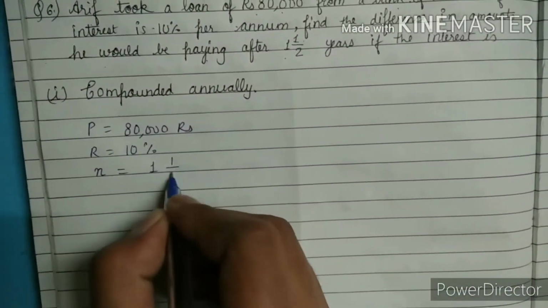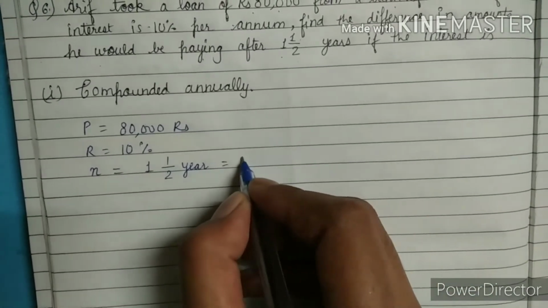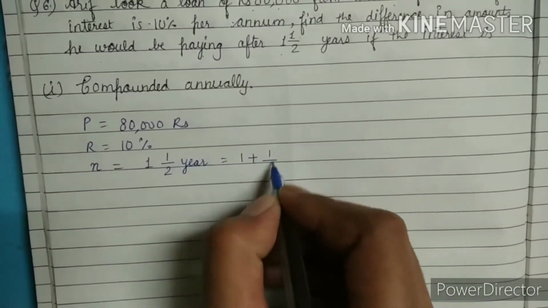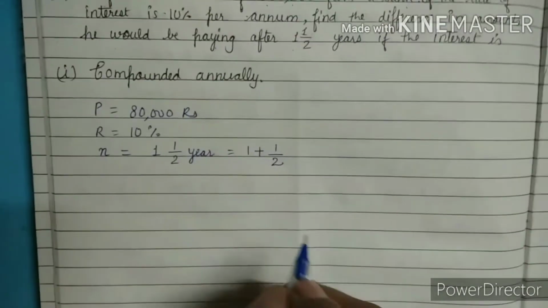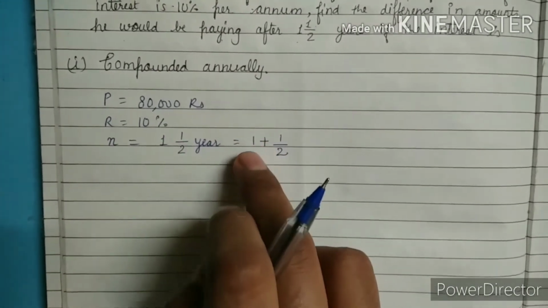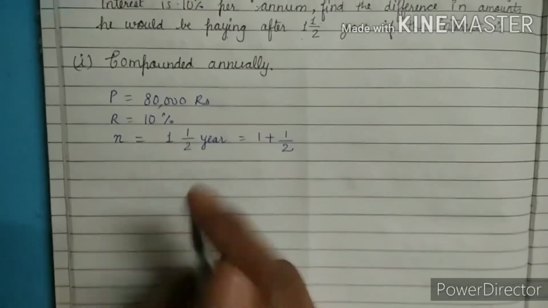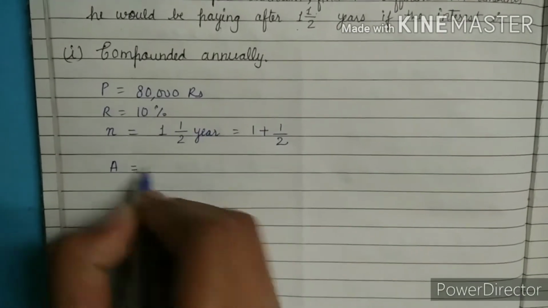So 1 1/2 years is here, so it will become 1 plus 1/2. You can see our first year is whole, but next year is in the fraction. So what we will do? Same we will do as we are doing from the previous amount.